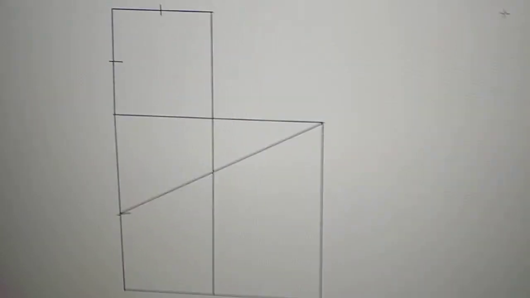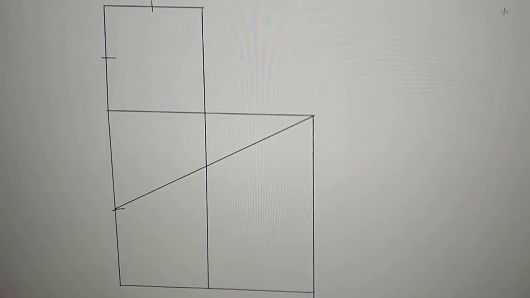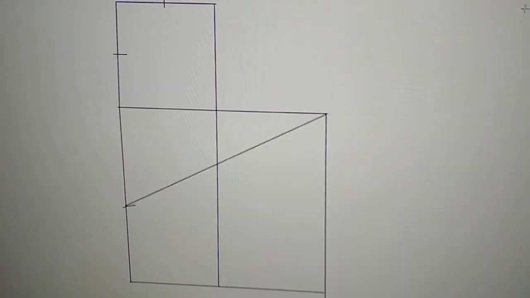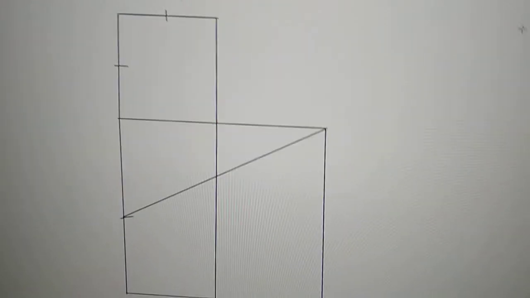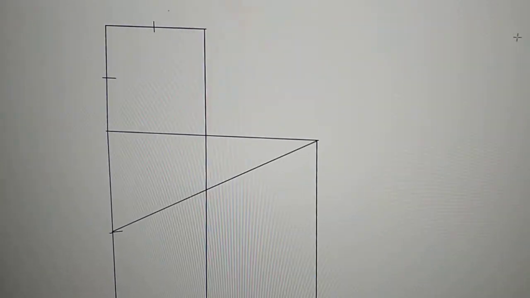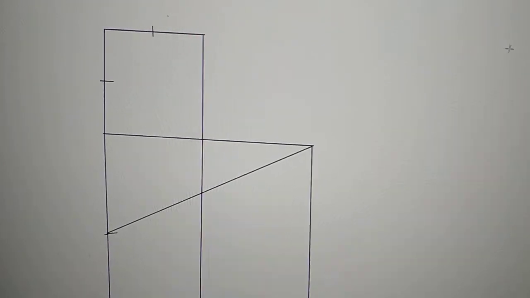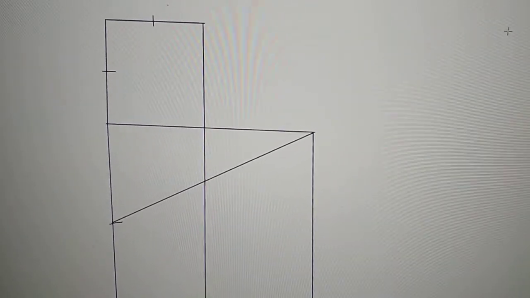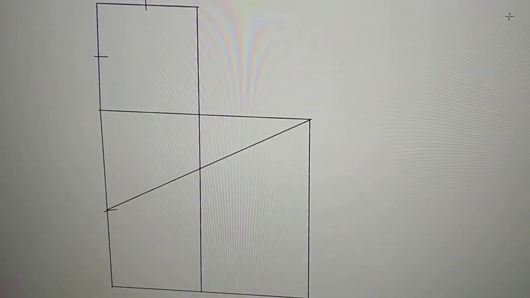Okay. So what do we have here? Oh, do you remember prop number 6? It says that given a straight line that is cut in half and we add a part to it, the rectangle contained by the given straight line and the added part, plus the square on the half, is equal to the square on the half plus the added part.